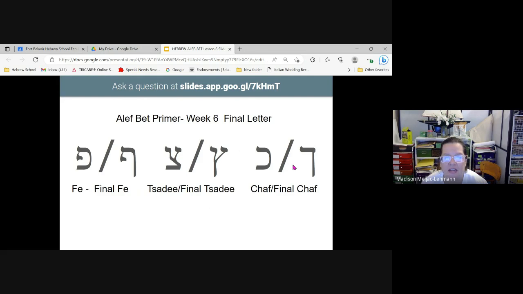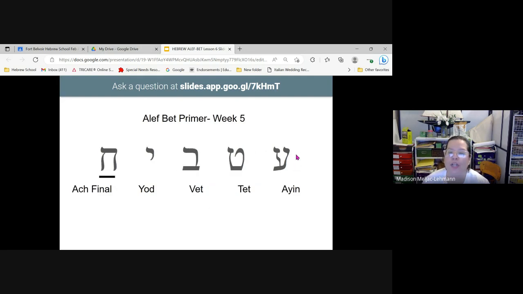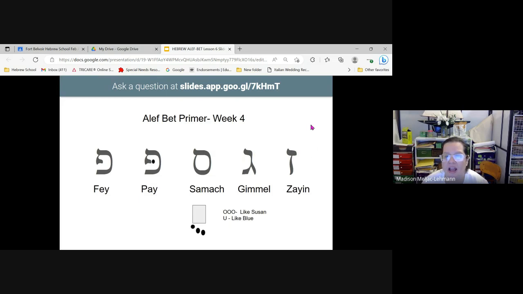Okay. So really quick, we have our letters from last week. We had ayin, tet, vet, yod, and our final ach. And then week 4, we had zayin, gimel, samekh, pei, and fei, and then our oo vowel.